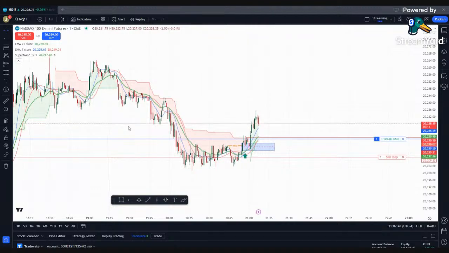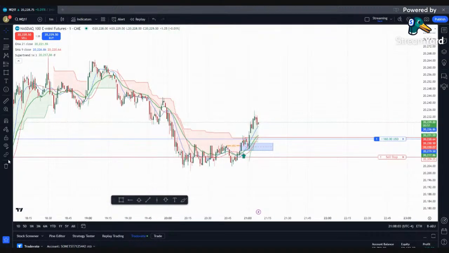If you are trading indices like Nasdaq, ES, gold, I mean, if you're futures trading, I advise you to trade during the kill zone. And if you're a forex trader, trade during the opening of any market.